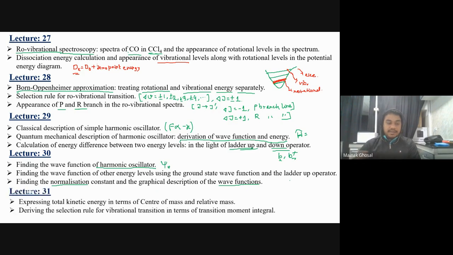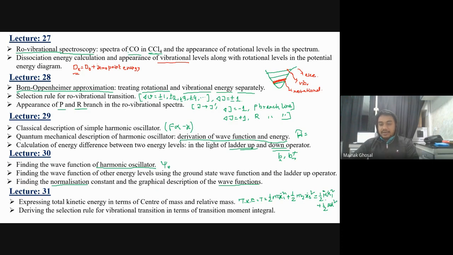In the next lecture, there was a description of total kinetic energy in terms of center of mass and relative coordinates. I am writing the total kinetic energy, denoted by T, which is half m1 x1 dot square plus half m2 x2 dot square, which was converted to half M X dot square plus half mu x dot square.